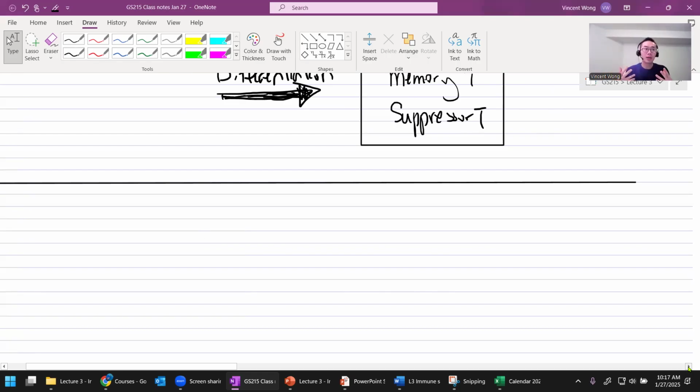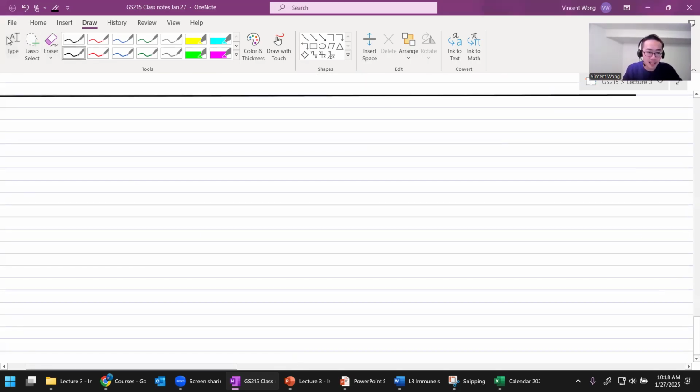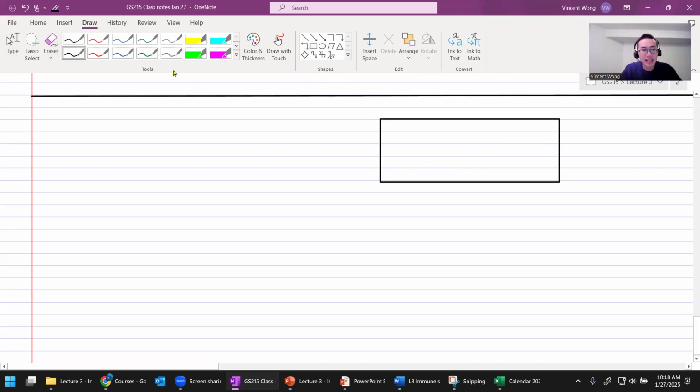But what we're going to do now is talk about different ways you can acquire the adaptive immunity, different ways you can trigger the adaptive immunity. Okay, and it'll make sense after we write a note. It'll make sense. So here we go. Adaptive immunity. There we go.